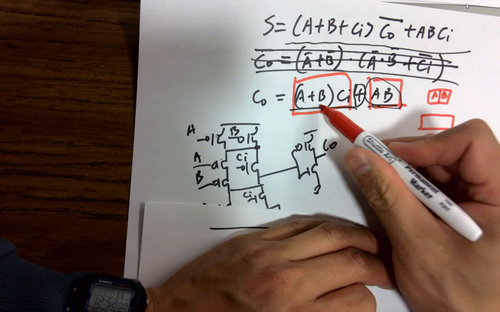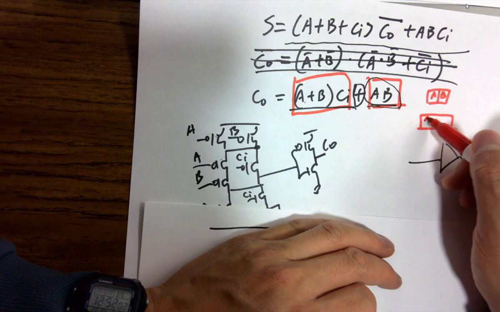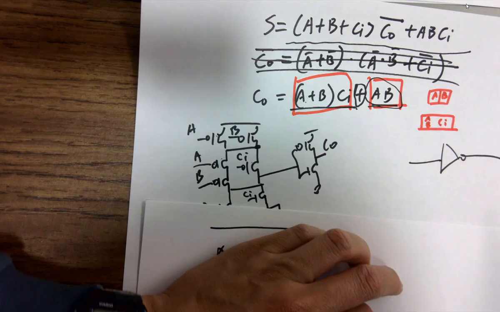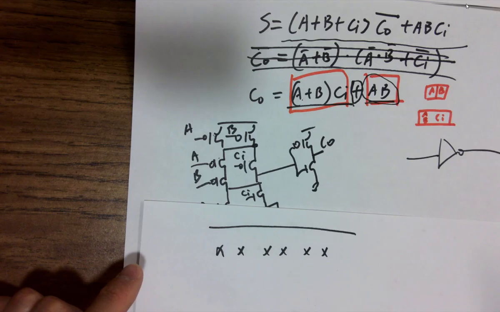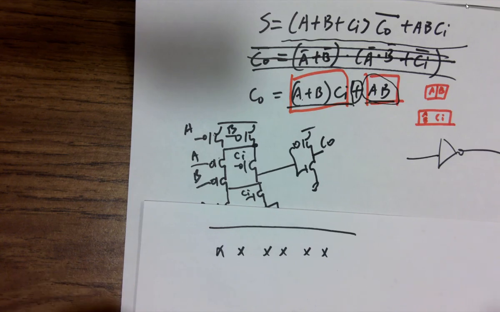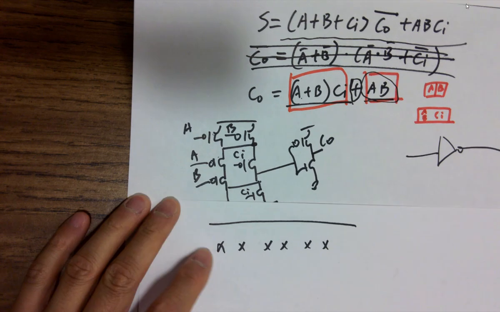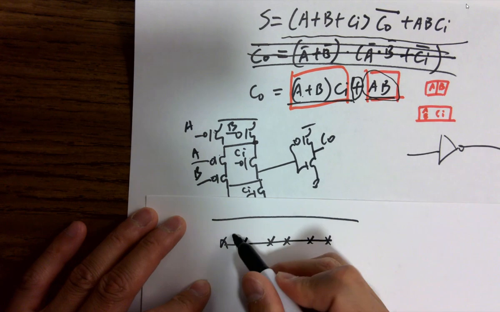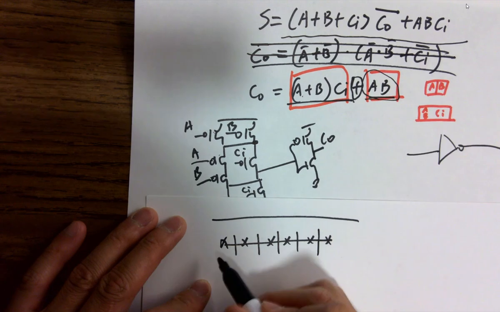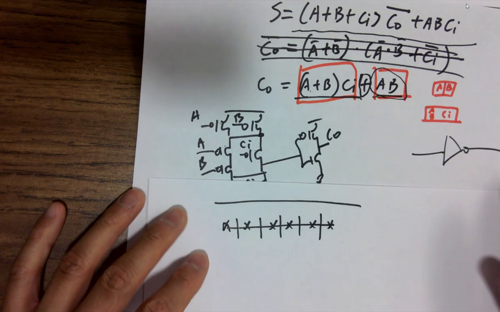Yeah, and this is A, B, C, I. 1, 2, 3, 4, 5, 6 nodes and 5 transistors.